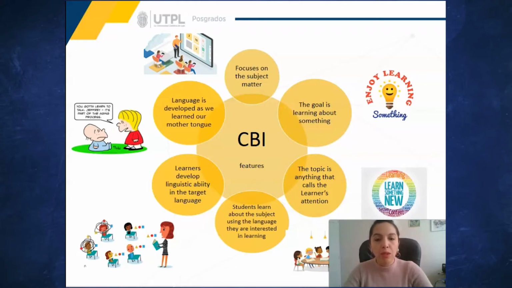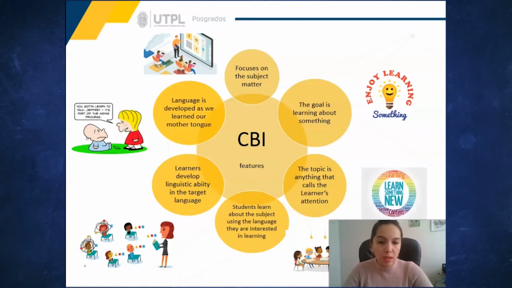It means learning about the content. The topic could be anything that calls the learner's attention. This could range from topics such as science experiments to simpler topics like their favorite movie actor or even local news of general interest.